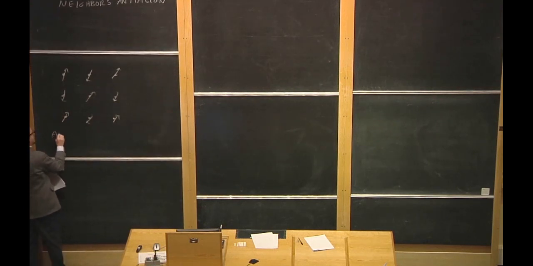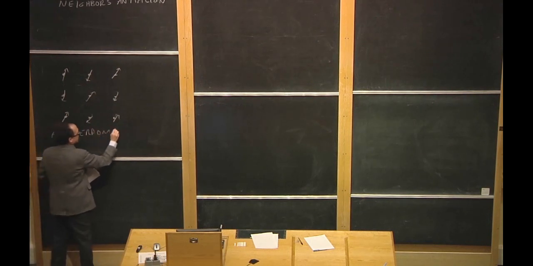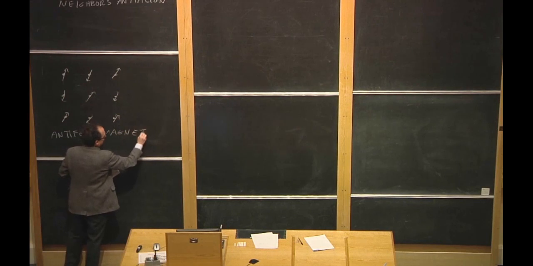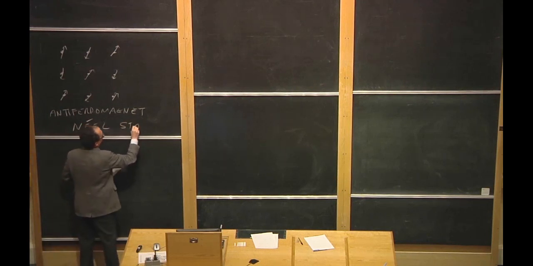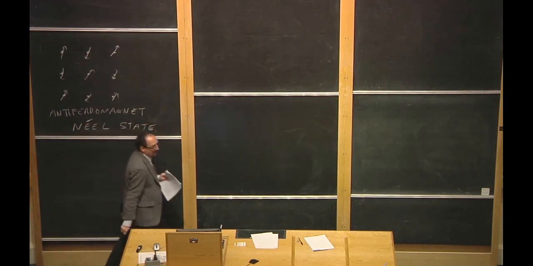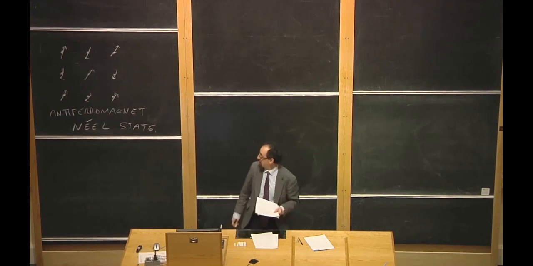This is what's known as an antiferromagnet, or sometimes known as a Néel state, N-E-E-L, Néel state, after Louis Néel, who realized that these things actually exist in nature.